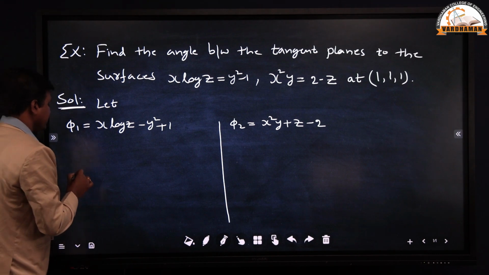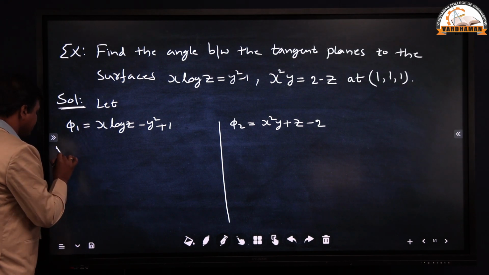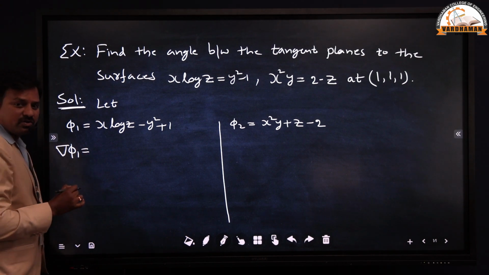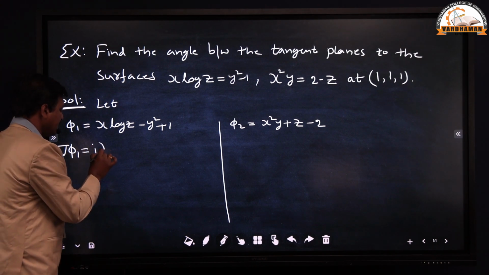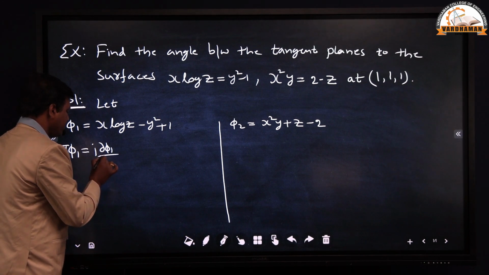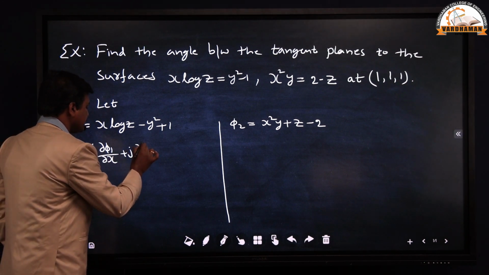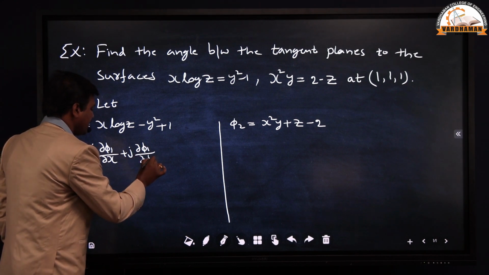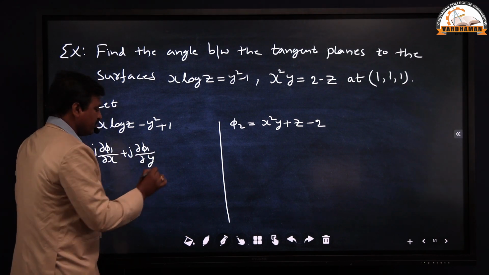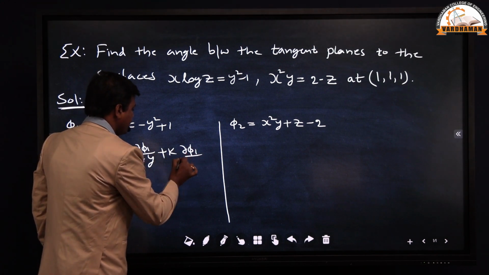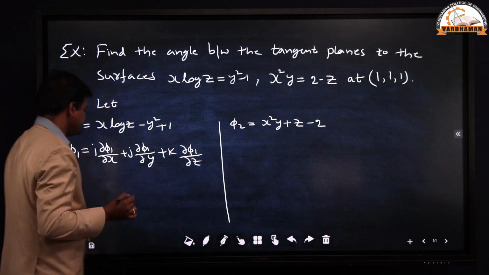So we have to find first del pi 1 and del pi 2. Del pi 1 equal to i dou pi 1 by dou x plus j dou pi 1 by dou y plus k dou pi 1 by dou z.